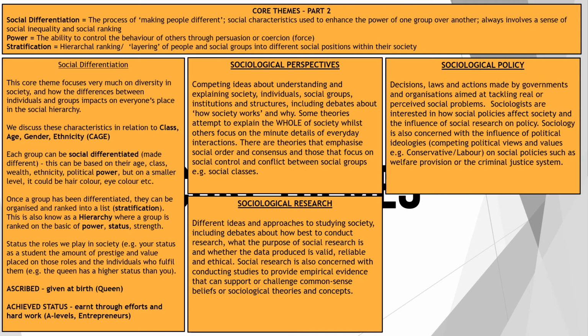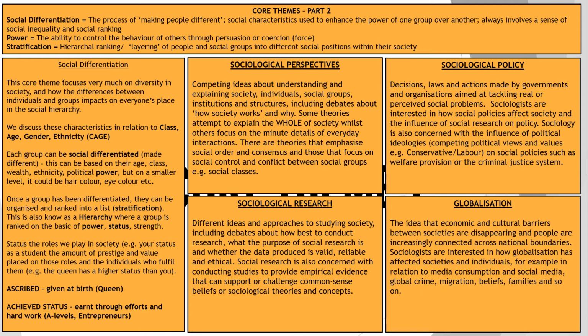We will also look at policy. Quite a lot of social policy is throughout this topic, because a lot of the actions and decisions of government influence the lives of individuals in society. So again, lots of ways that social policy and policy makers will influence what we study. And last but not least, the word globalization here.